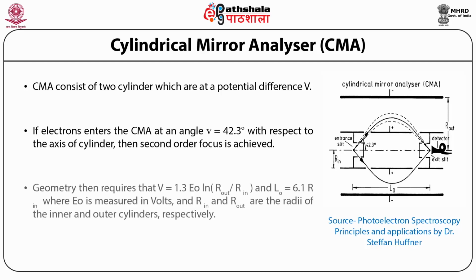Here, capital V is equal to 1.3 times E0 ln(R out / R in), where L0 is equal to 6.1 times R in and E0 is in volts. They are good for applications that require a high sensitivity with only a moderate resolution.